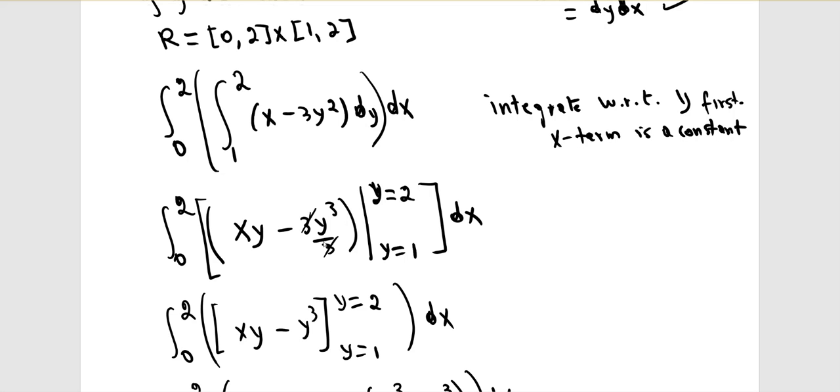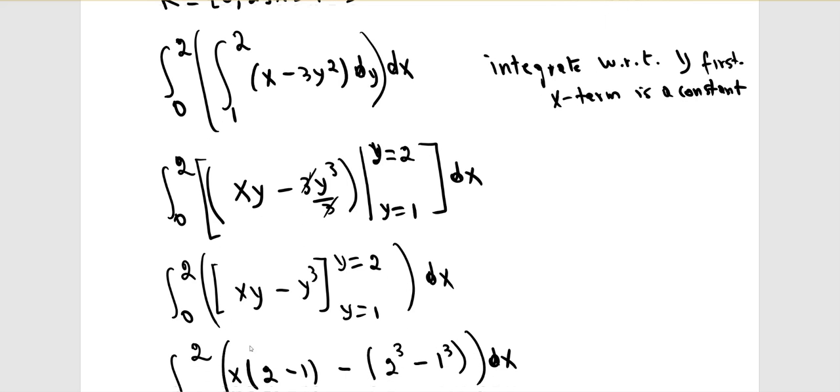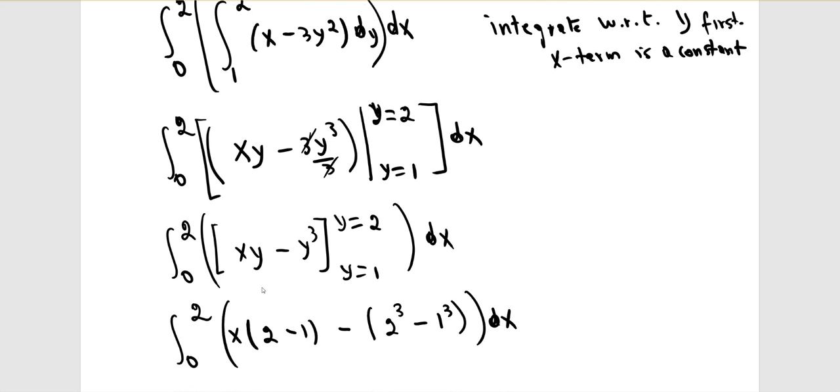After you integrate and simplify, you can plug in 2 for y, and then 1 for y. I evaluated the function at 2 and 1. Plug in 2 for y, you get 2 minus 1 and then times x.